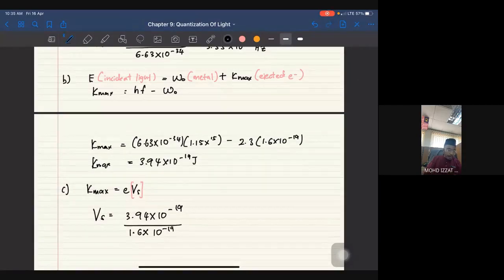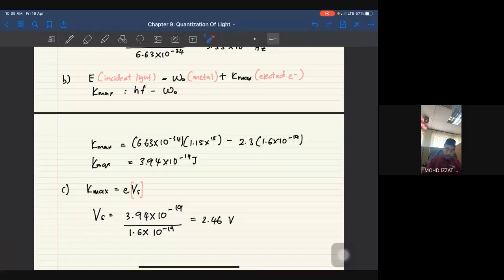Okay, usually the number is quite solid, there's no prefix. Usually. So what I got here is 2.46. The unit will be in volts.